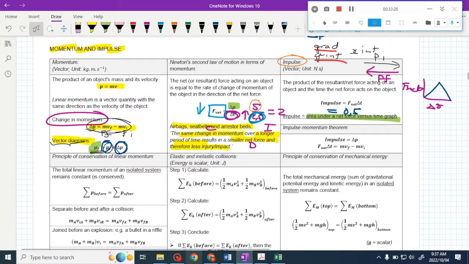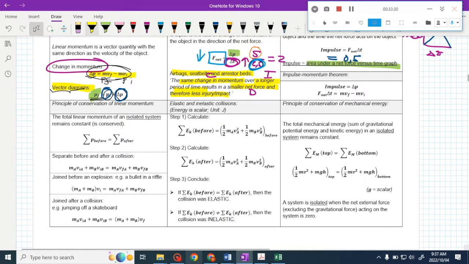Impulse momentum theorem, I think you are okay with using that one. Principle of conservation of linear momentum, we're okay, except when you go and do that weird thing and use the kinetic energy formula instead, or you forget they are vectors and you don't substitute your direction. Very often you don't sub your directions in.